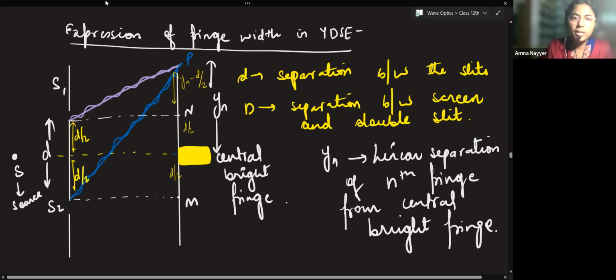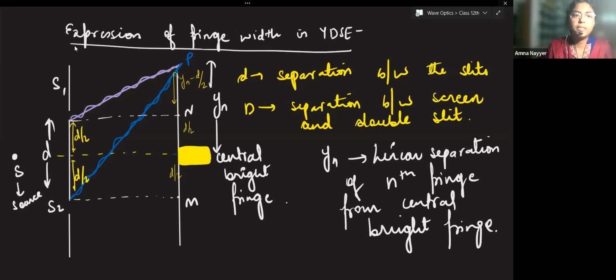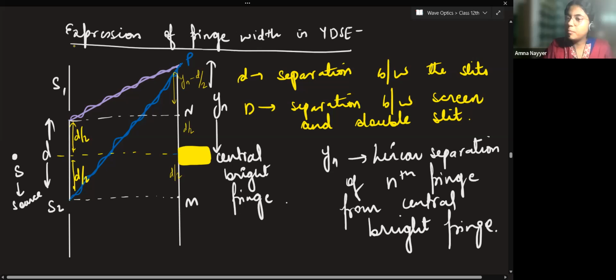Now, why did we discuss this? Path difference and phase difference we have already discussed. In the case of phase difference, it was the sinusoidal angle variation that used to come after sine.